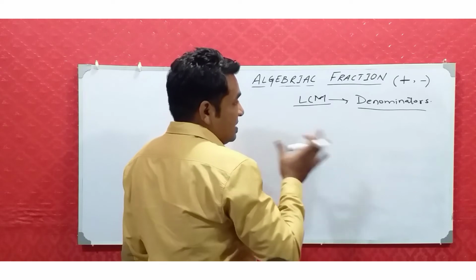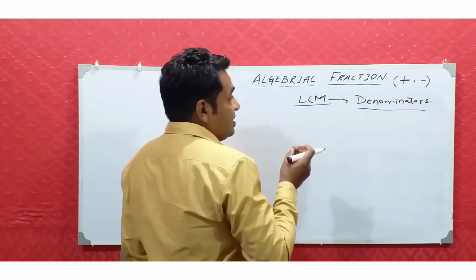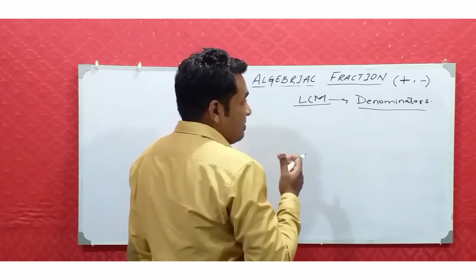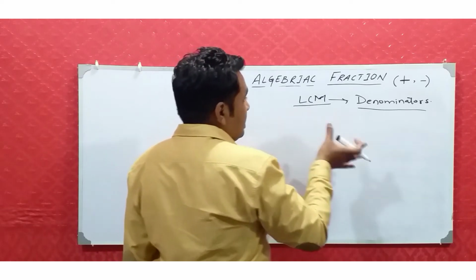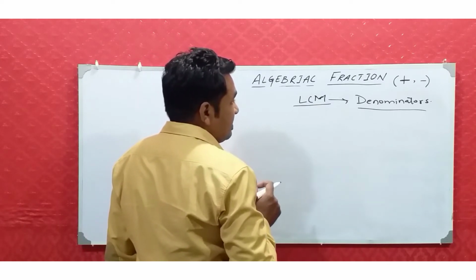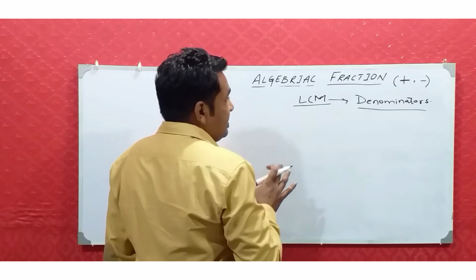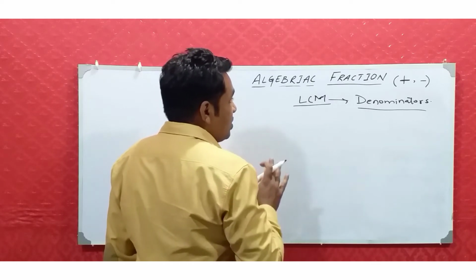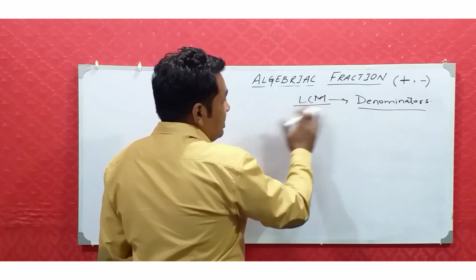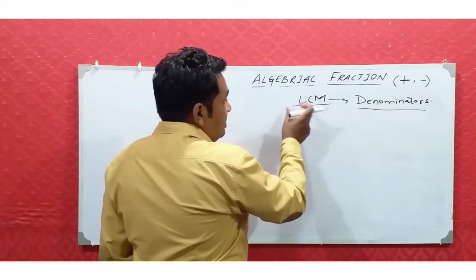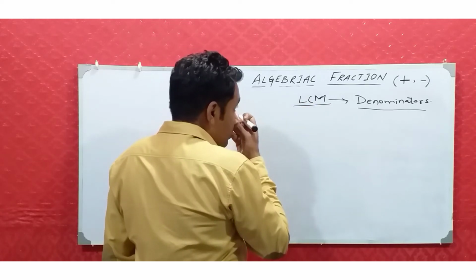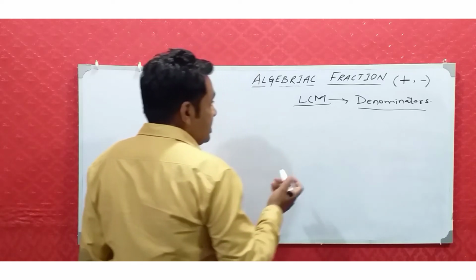So I will try my best to tell you how we find the LCM of different types of denominators. Before we start LCM, let's recap the concept of multiples and common multiples, and then what the least common multiple is. You know the abbreviation LCM: L stands for least, C stands for common, M stands for multiple.